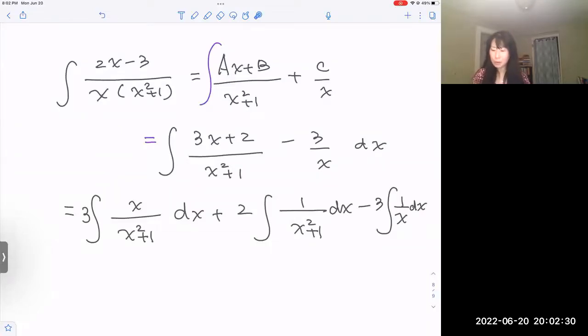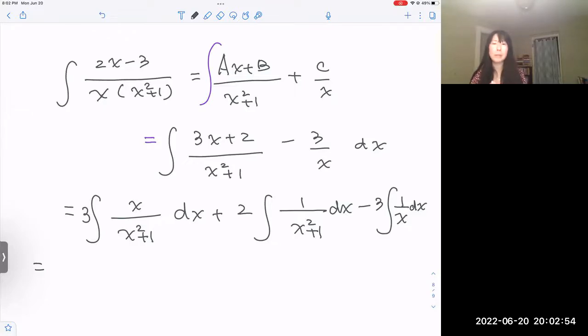So what do you get for this one? Which one is ln? Either one. First term or second term? The last one. Yeah, you said the last one. I heard that. Yes, good. Very good. What about the first one and second one?